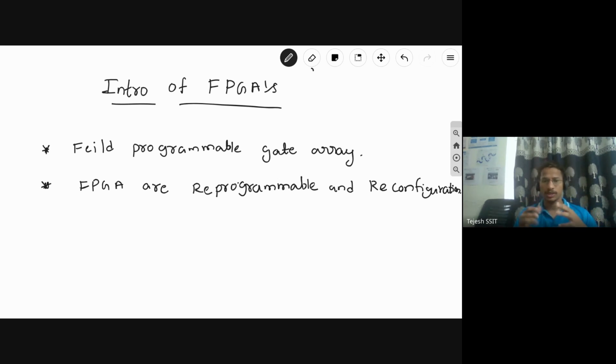So FPGA means field programmable gate array.